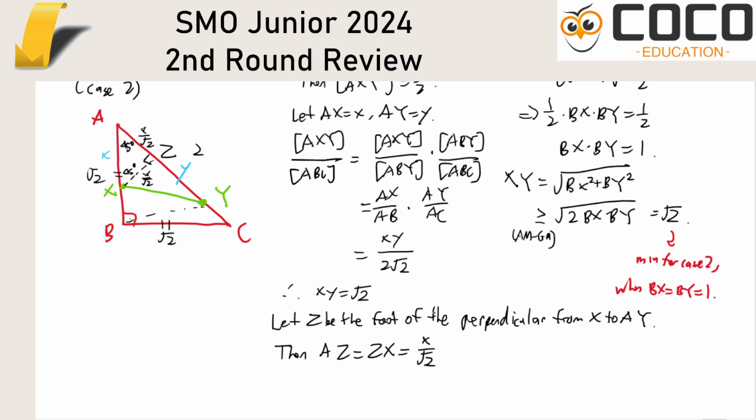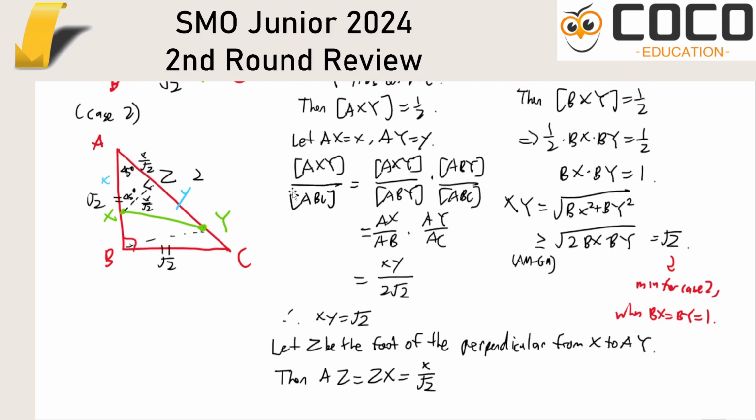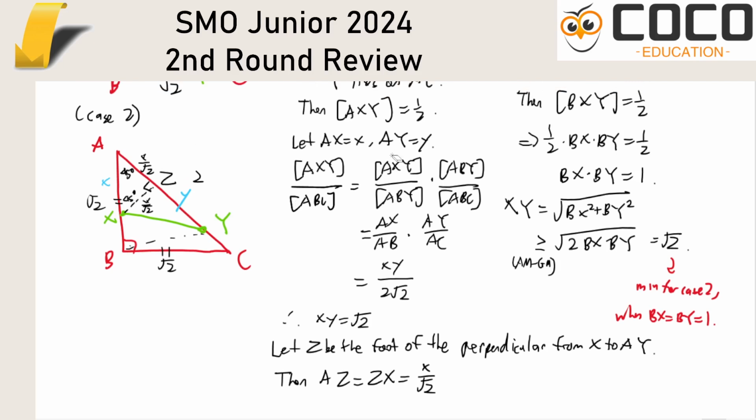Now, of course, if you did this first, you would realize that the area is half times x over root 2 times y. This happens again. This often does happen. So if you realize that I don't actually need that, you are welcome to erase this.